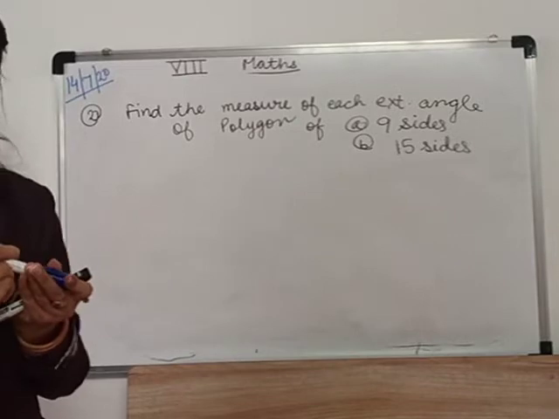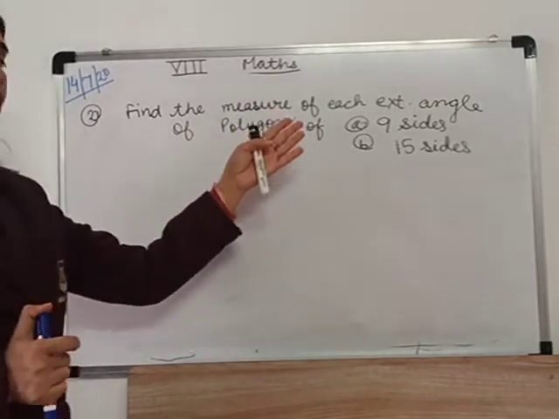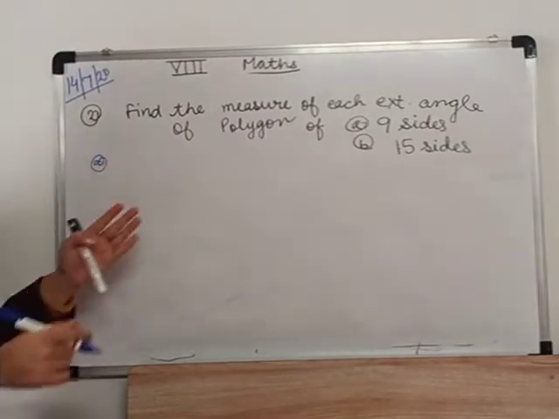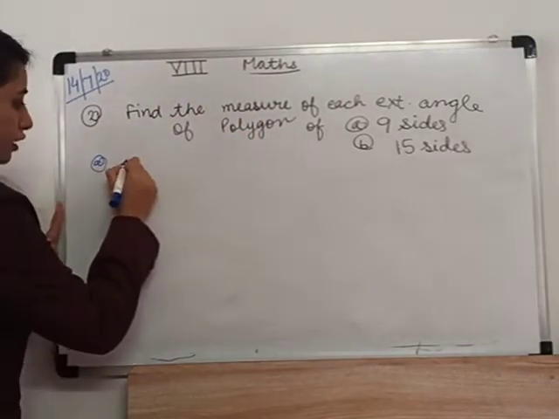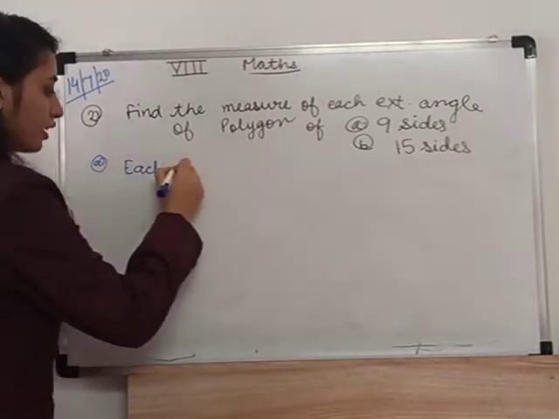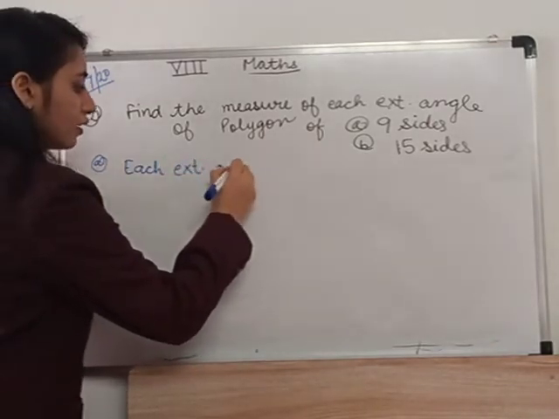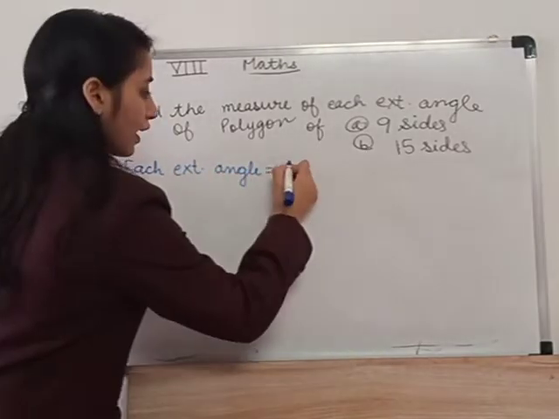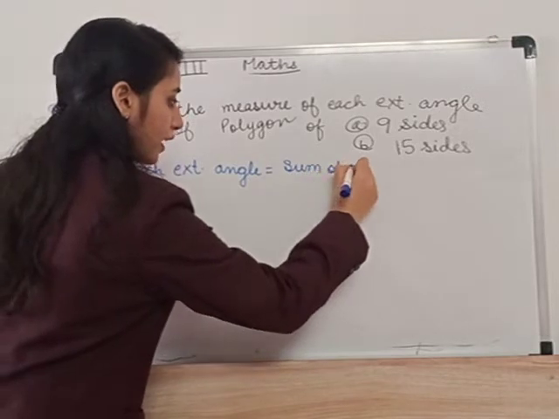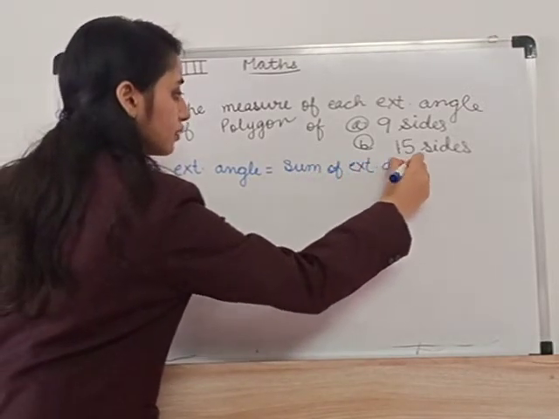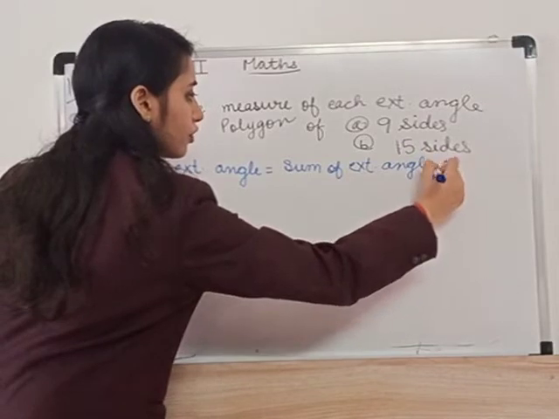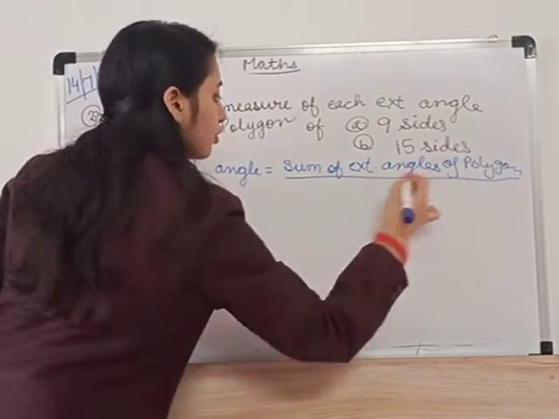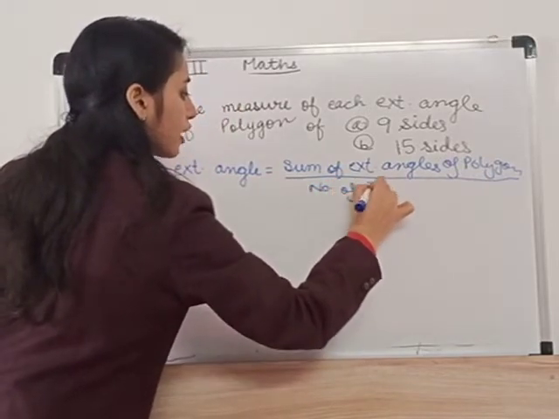By using one single formula we can find this angle in one line. See how we can find. If a polygon has 9 sides, the formula for finding each exterior angle is equal to the sum of exterior angles of the polygon divided by the number of sides of that polygon.